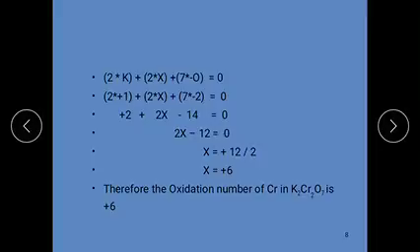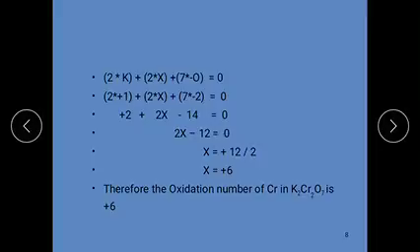Therefore the oxidation number of chromium in potassium dichromate is equal to plus 6. Plus 6 is the chromium oxidation number in potassium dichromate.